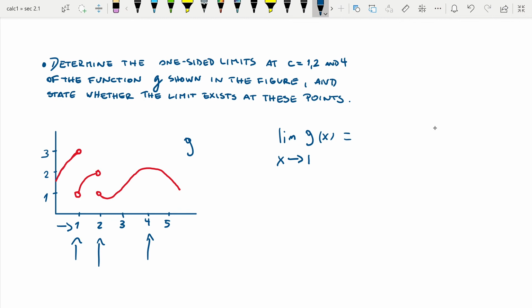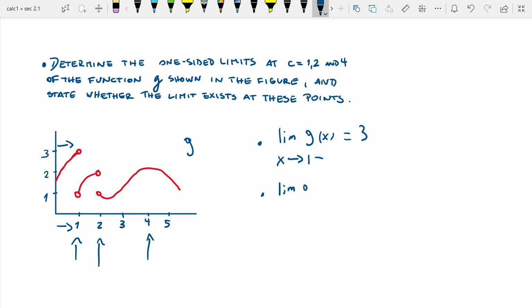So we see that if we get closer to 1 from the left, g is this red line over here, and the values of g are getting closer to 3. Okay, so this is the limit of g of x as x approaches 1 from the left.